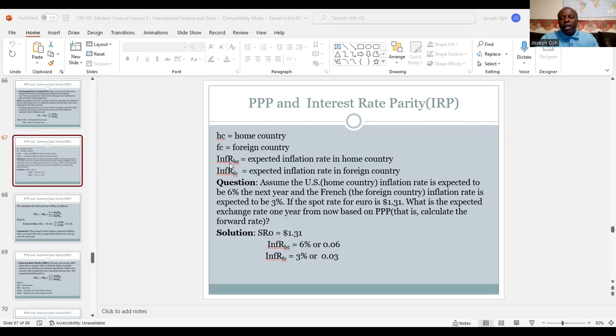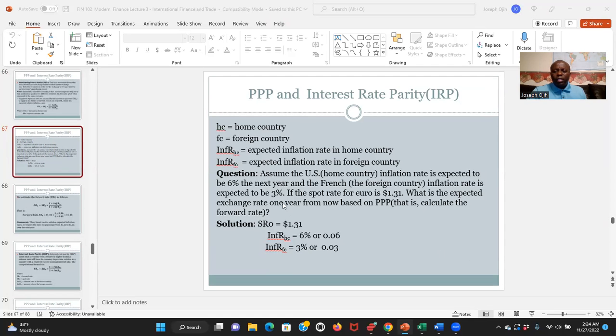So INF R HC means expected inflation rate in the home country, and INF R FC represents the expected inflation rate in the foreign country. Now, I usually tell my students some formulas we use in finance or even statistics might look like monsters, but when you start using them, you discover that they are actually easy to use.